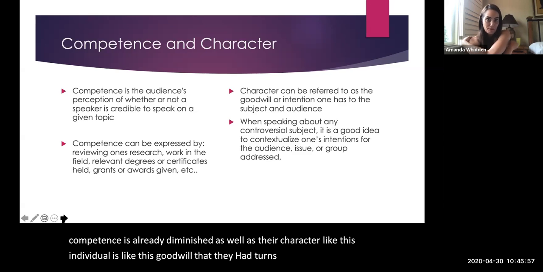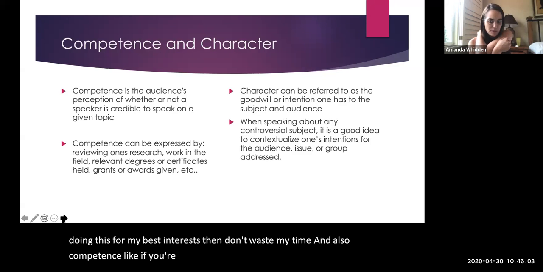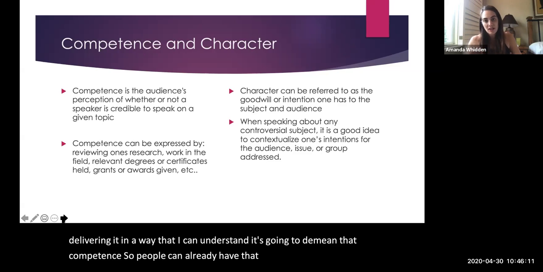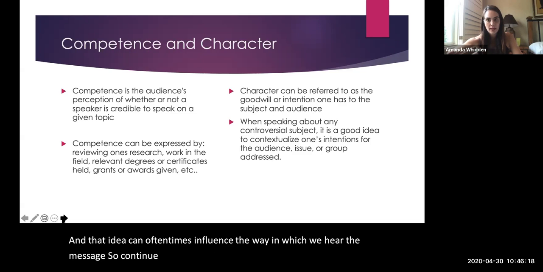If you're doing this for my best interests, then don't waste my time. And also competence, like if you're not going to prepare, if you're not going to be delivering it in a way that I can understand, it's going to demean that competence. So people can already have that idea, and that idea can oftentimes influence the way in which we hear the message. So continue to also think about how that can have a positive effect.